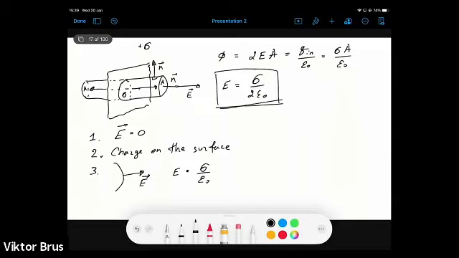Sigma is the surface density of electric charge distributed on the surface of this conductor.